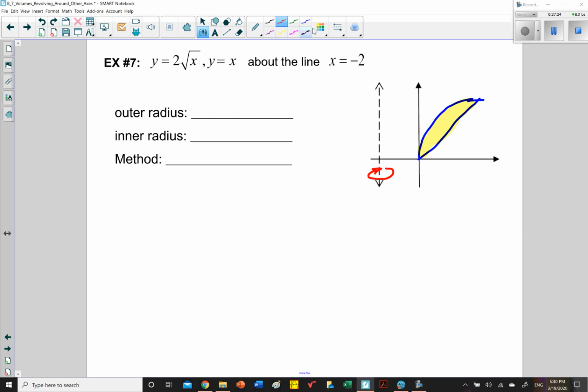Our outer radius is going to go from all the way out here, all the way over to the line. That's our capital R. Our baby r that gets thrown away goes from there to there. And our function is, let's see, we got to solve for y. So what's this one?